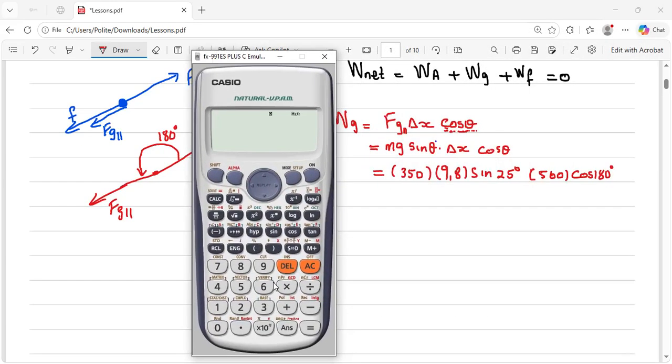We have 350, which is multiplied by 9.8, multiplied by the sine of 25, and this is multiplied by 500, and this is multiplied by the cos of 180.